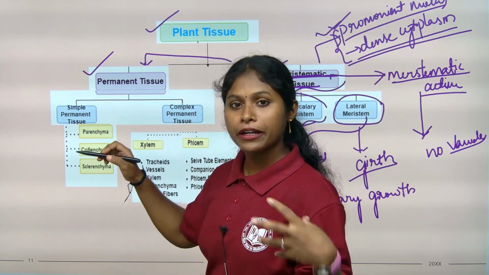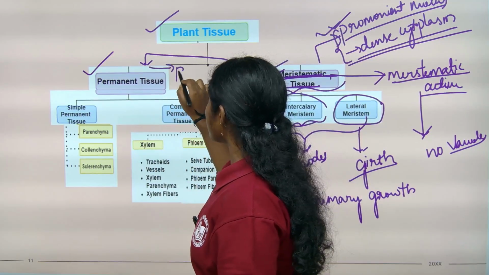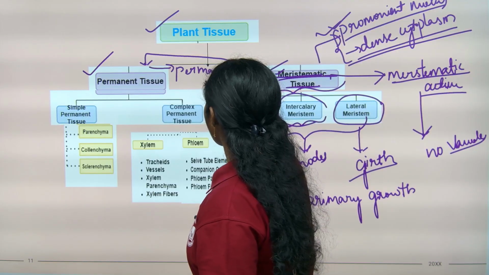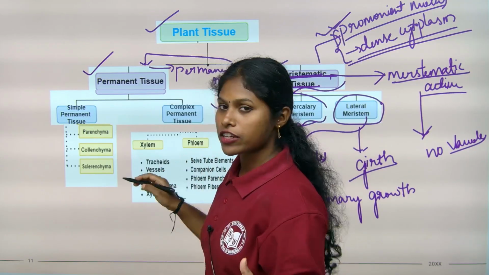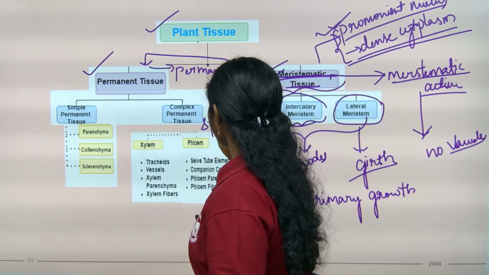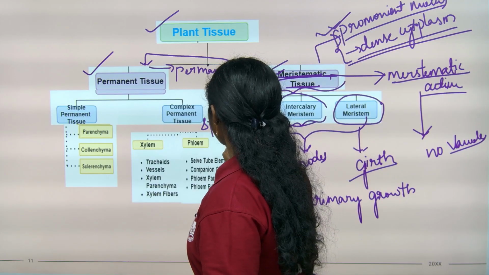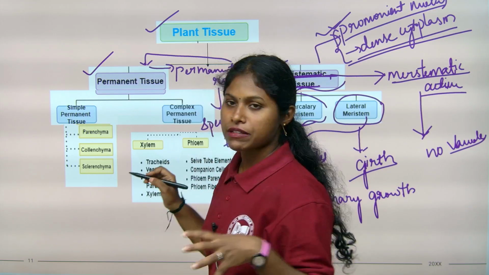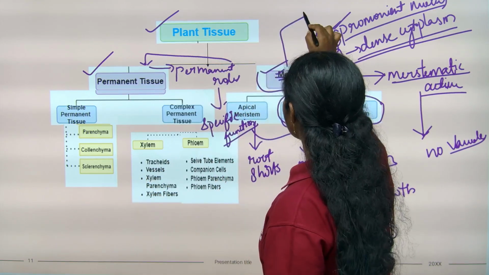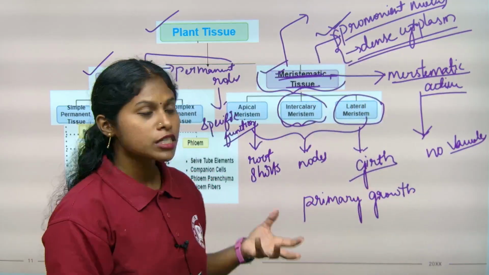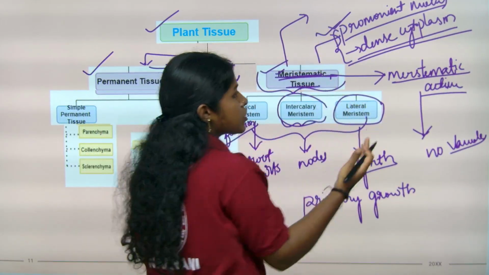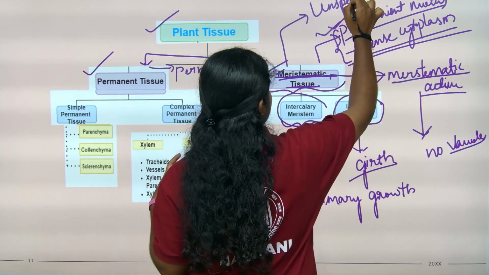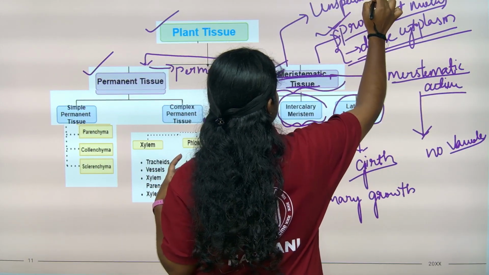They get permanent roles, which means they get a specific function. So they are specialized cells, children. Meristematic tissue is not specialized because the cells are unspecialized. They don't have any specific role. That is why they are unspecialized cells.